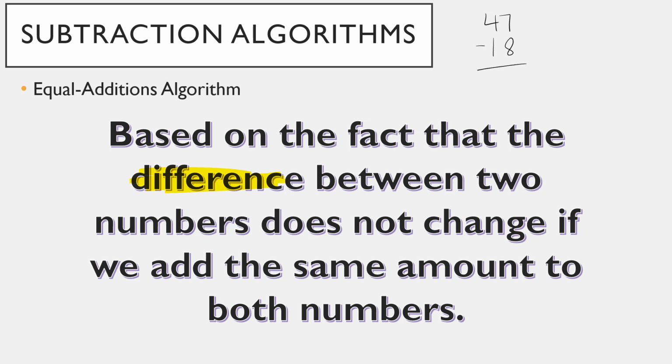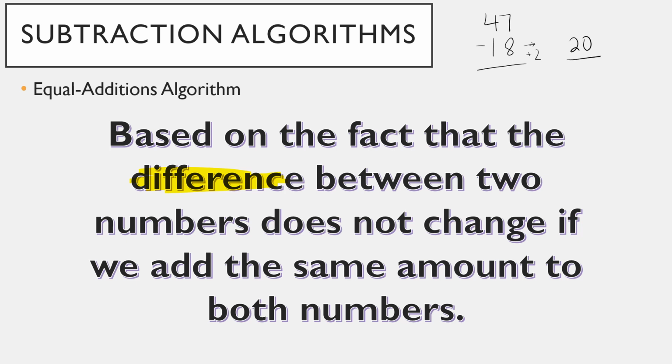All right, so the subtraction problem is easier if the subtrahend, that's the number that you're subtracting, ends in a 0. All right, so that's your goal with this method, to make the subtrahend end in a 0. So in this problem, you could take that subtrahend and add 2. So add 2, make it 20.